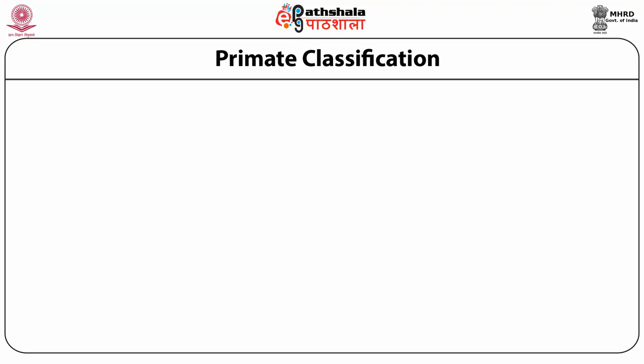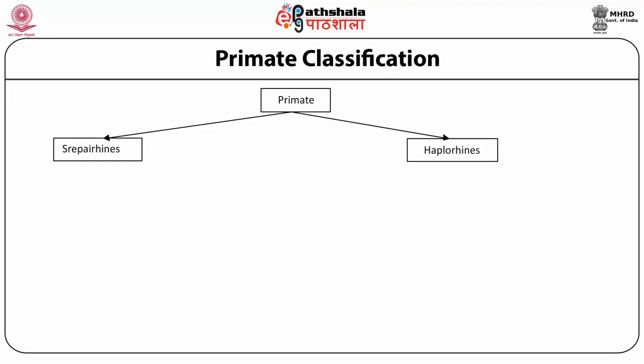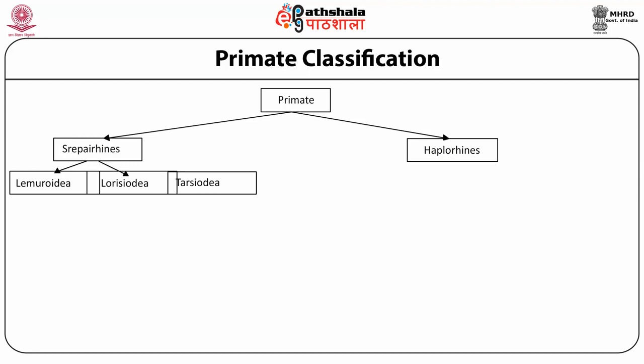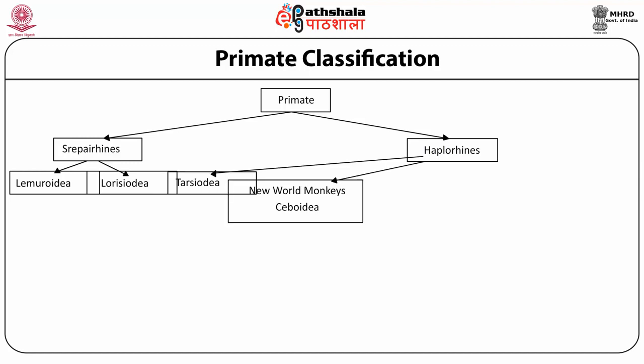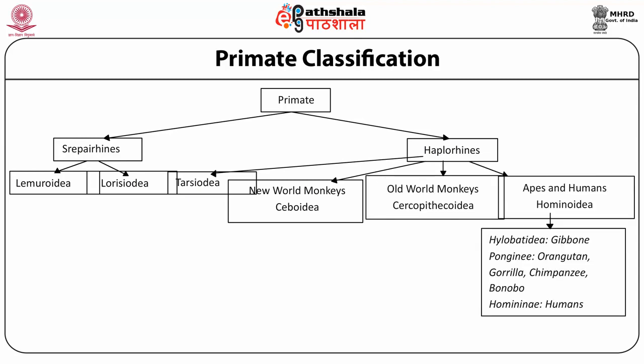The given chart shows a clear-cut explanation of their classification, how primates are divided into two branches, strepsirrhines and haplorhines. As we have already discussed in the earlier modules, the strepsirrhines have Lemuroidea and Lorisoidea, and the haplorhines are divided into New World monkeys, Old World monkeys and Hominoidea, that is, apes and humans.